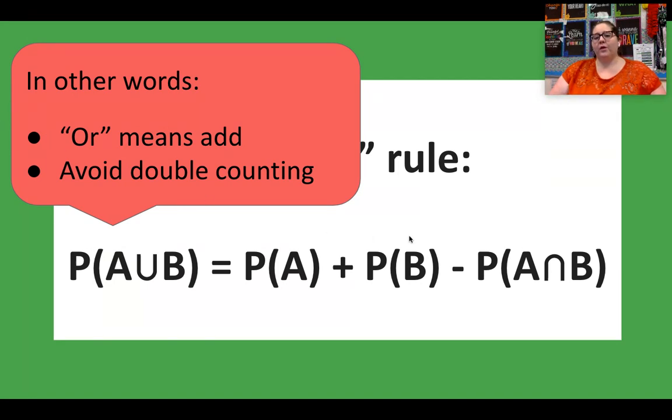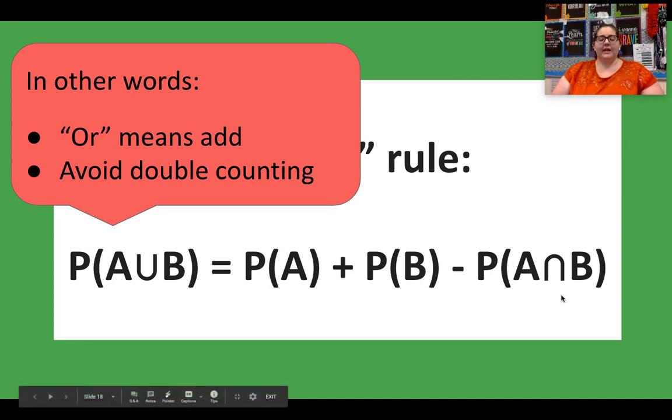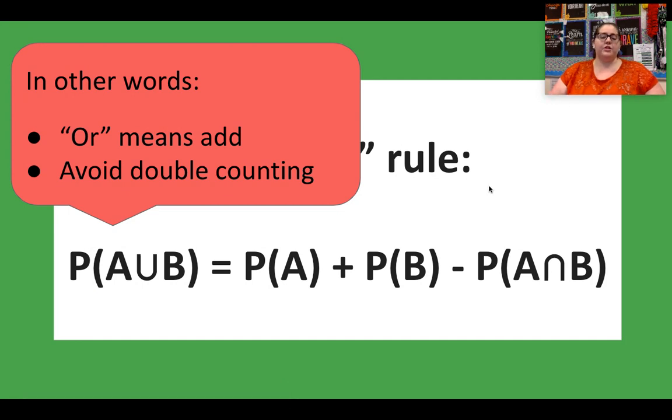So we wouldn't have to worry about this third piece, right? And when there's no overlap at all between two events, we call those two events mutually exclusive or disjoint. That would mean it's impossible for those two things to happen simultaneously. There's no overlap in those two probabilities. So it just means that we don't have to worry about subtracting that "and" piece at the end. So that is something that is good to know.